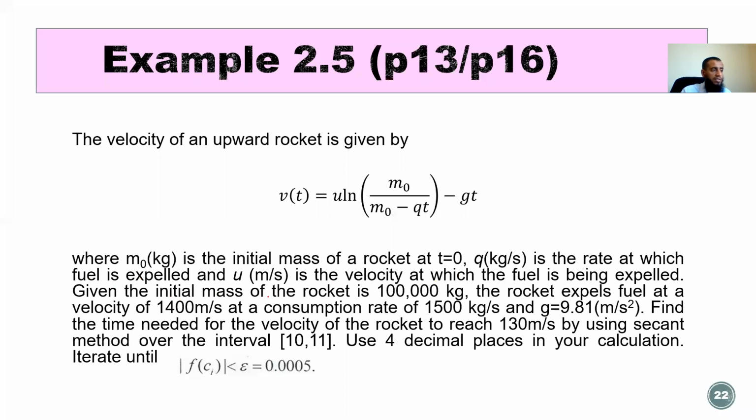Given the initial mass of the rocket, which is already in the equation, the rocket expels fuel. Find the time needed for the velocity of the rocket to reach 130 meters per second, using the secant method over the interval 10 and 11. Use 4 decimal places in your calculation. This is the stopping criteria. Once you reach this value, you need to stop the iteration. Okay, let's do it.